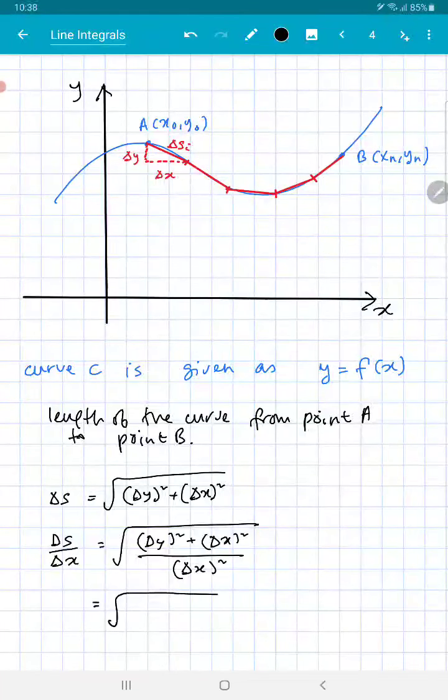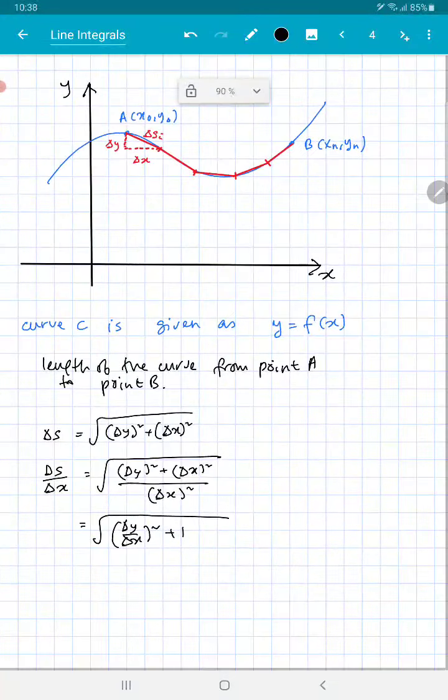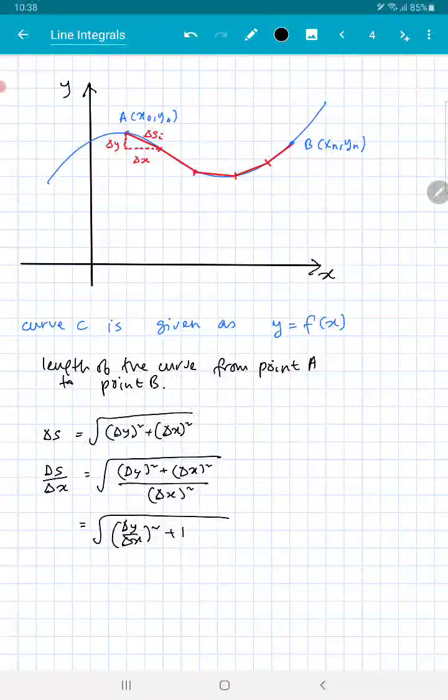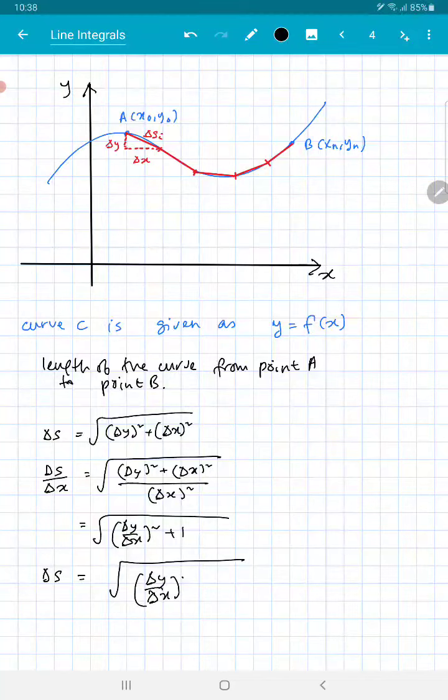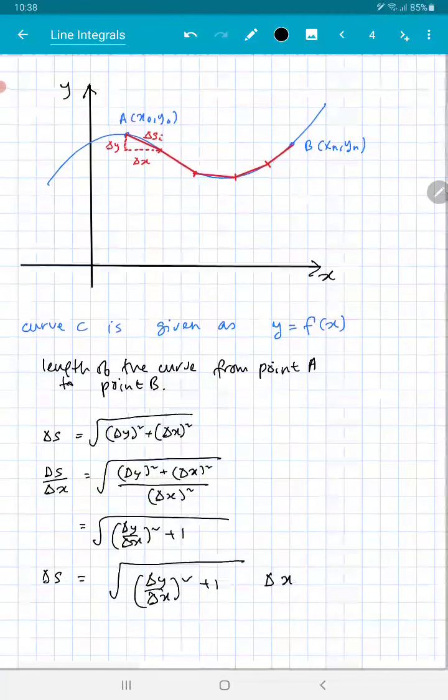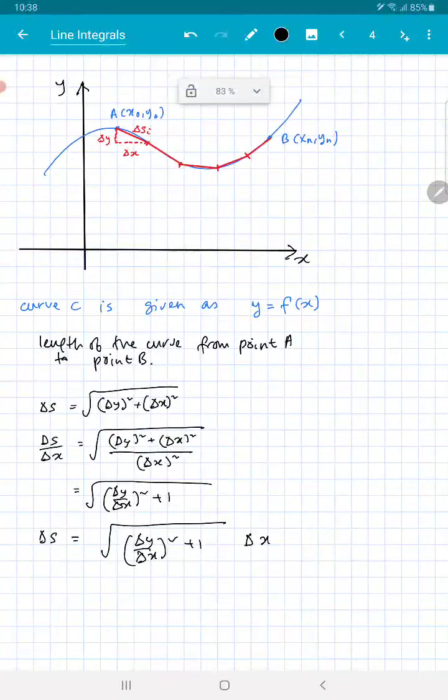Here you can simplify this as the square root of (delta Y over delta X) squared plus 1, because delta X squared over delta X squared is 1. Now let's multiply both sides with delta X. So here we have the square root of (delta Y over delta X) squared plus 1, times delta X. That would be the length of one of the line segments.